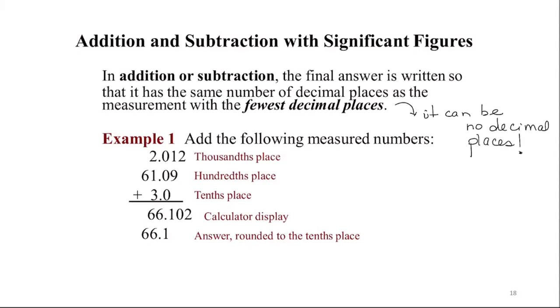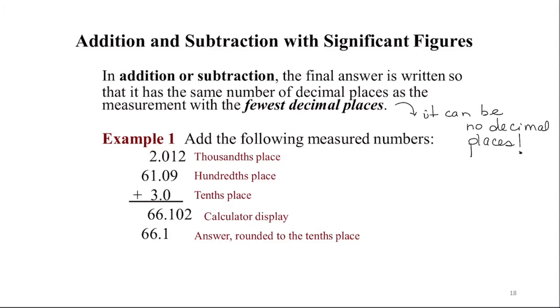That's where I find that some students have trouble with this concept. If you have a digit in your series of numbers that you're adding or subtracting, and it doesn't have any decimal places, then understand that's the least number of decimal places, having none.